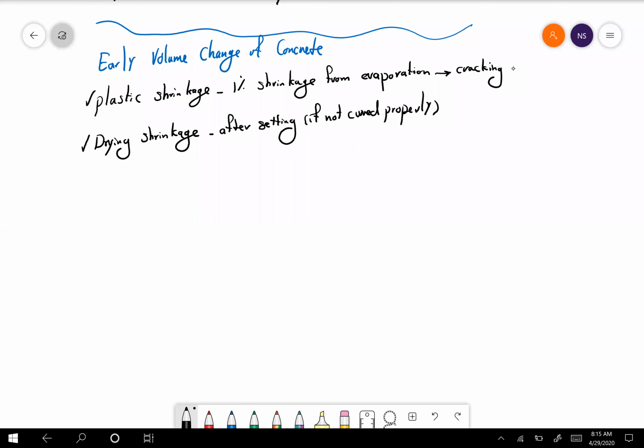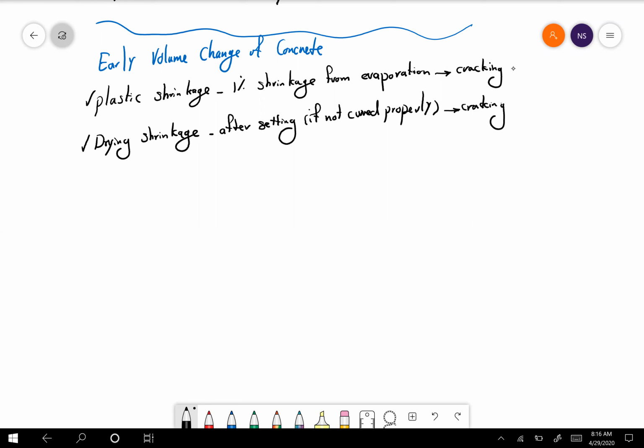If you don't follow the curing process steps, you will have drying shrinkage, and that also causes cracking, right? So you don't want these types of tiny cracks to happen on the finished concrete surface.